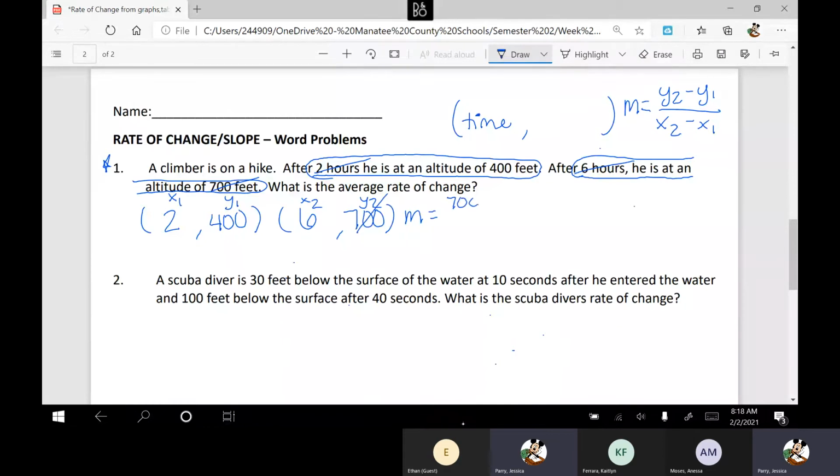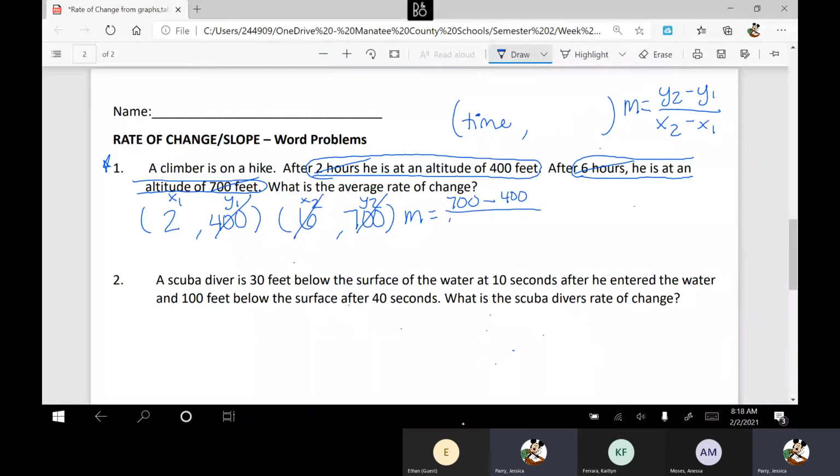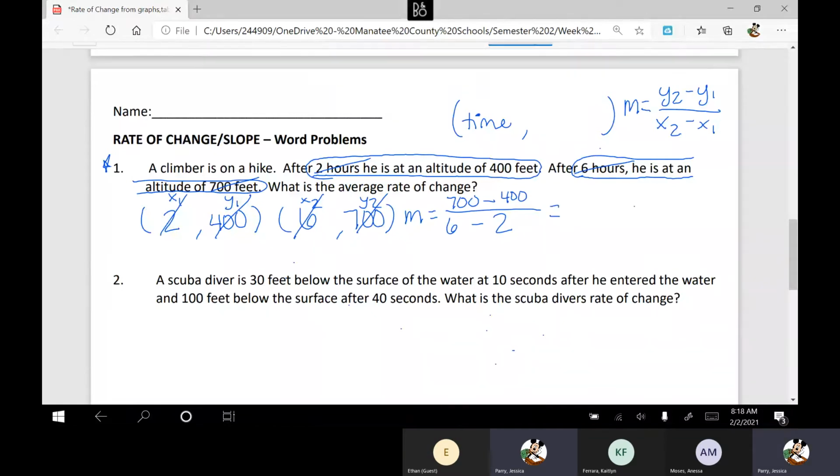Y2 is 700 minus y1 is 400 all over x2 is 6 minus x1 is 2. Okay, let's go ahead and simplify. 700 minus 400 is 300 over, and then 6 minus 2 is 4.